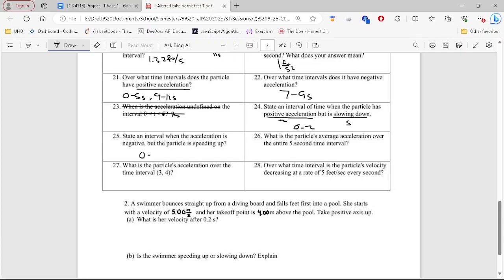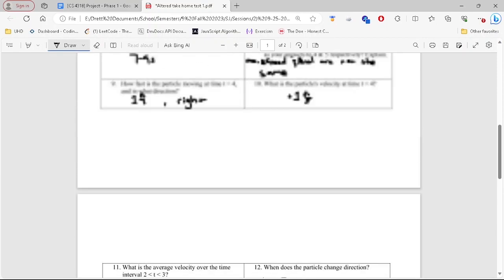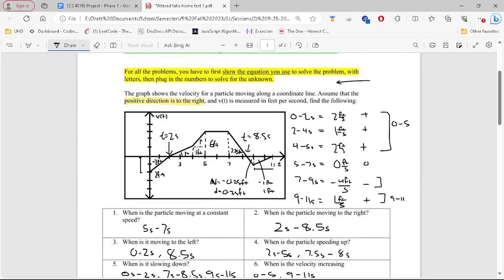This next part, state an interval when the acceleration is negative, but the particle is speeding up. So let's see. Negative right here, particle speeding up. Okay, so from 7 to 9, the acceleration is going to be negative throughout. Right here it is slowing down.